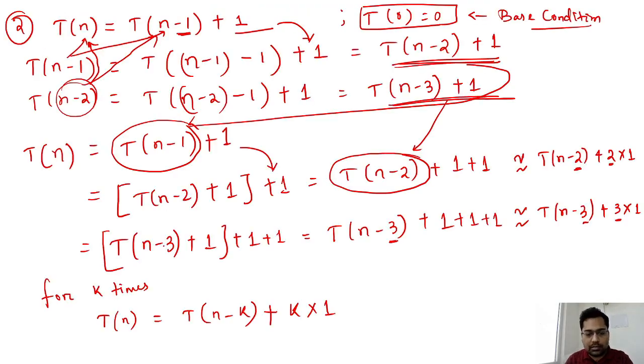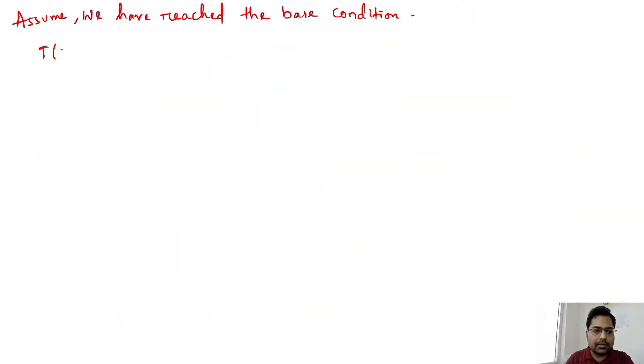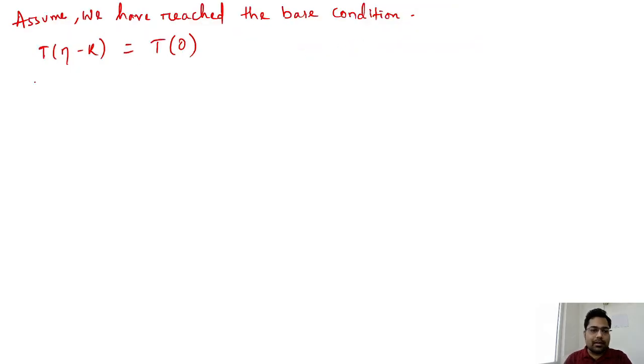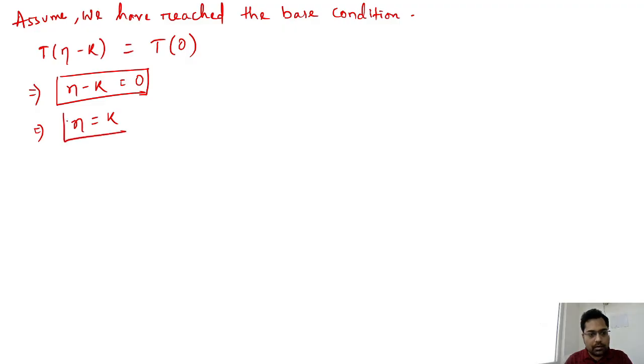T(n-k) is equivalent to T(0). Why? Because the base condition T(0) we represented here. Otherwise, it will be not equal. Now n equal to k. This is what we found.